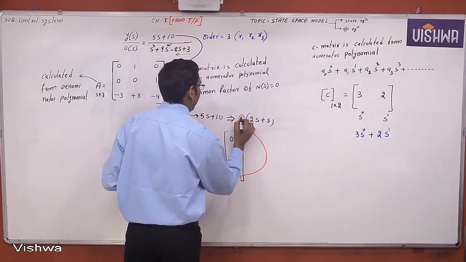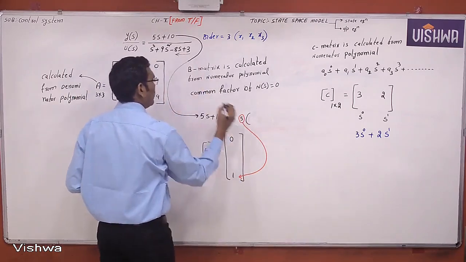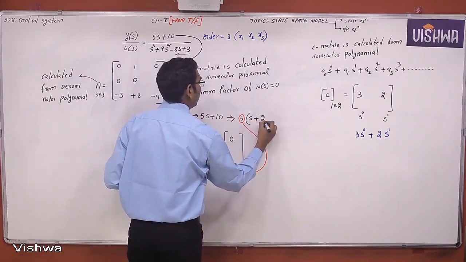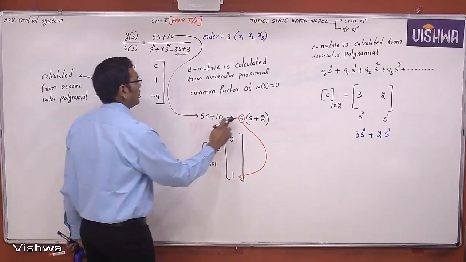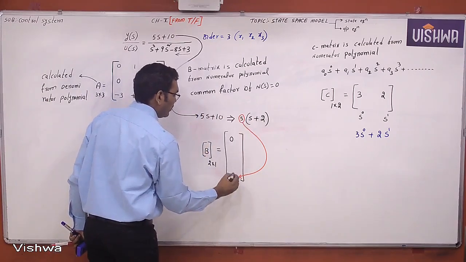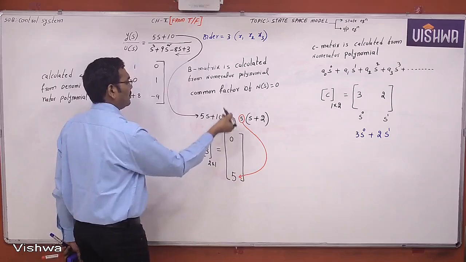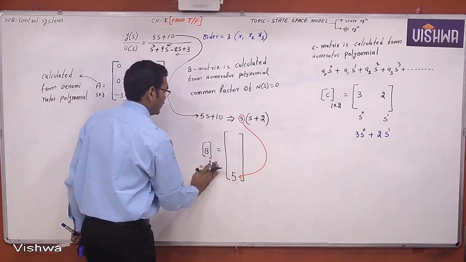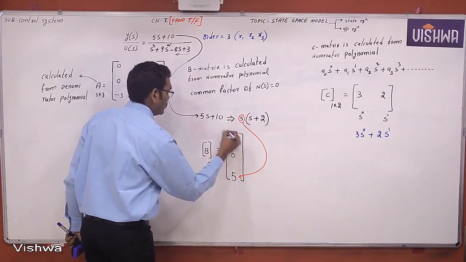If you take 5 as common, s plus 2. So 5s plus 5 into 2, 10. So the last element is the common factor in the numerator polynomial. The common factor in the numerator polynomial is 5. Remaining all are zeros. The order is 3 by 1, so remaining all are zeros.